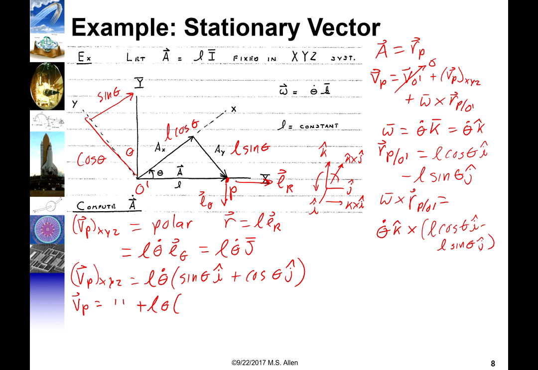Let's see, k cross j was the minus i, so we get a minus L, or sorry, a minus sine theta in the i. k cross i is j, so we get a plus cosine theta in the j.